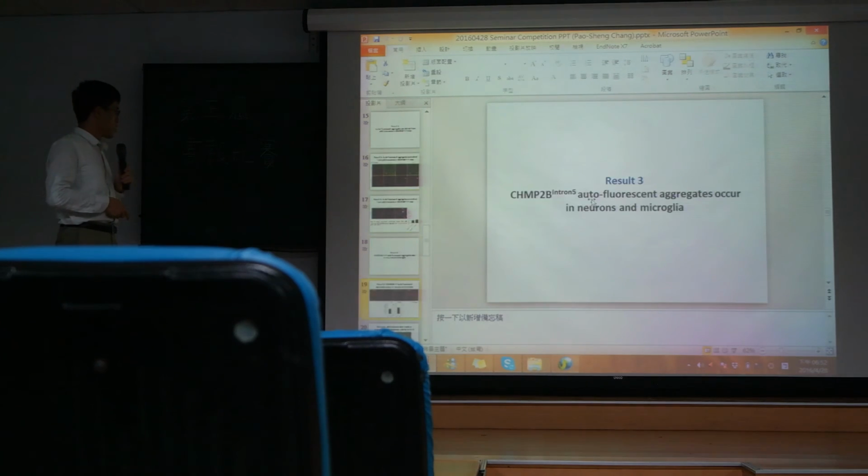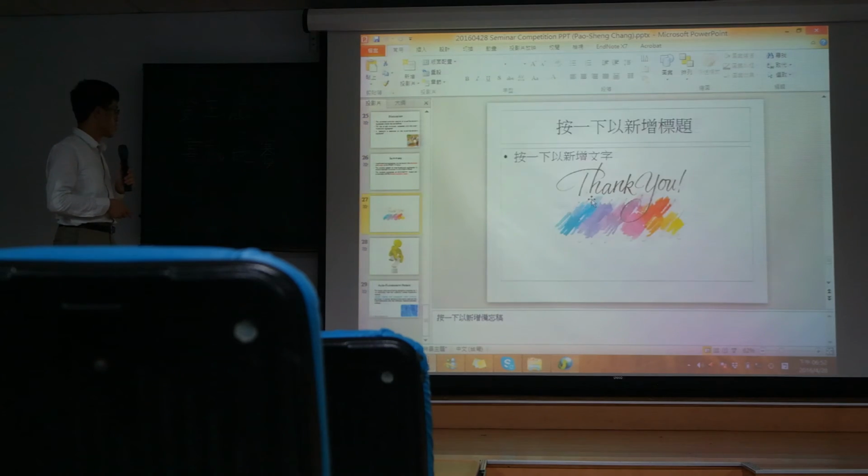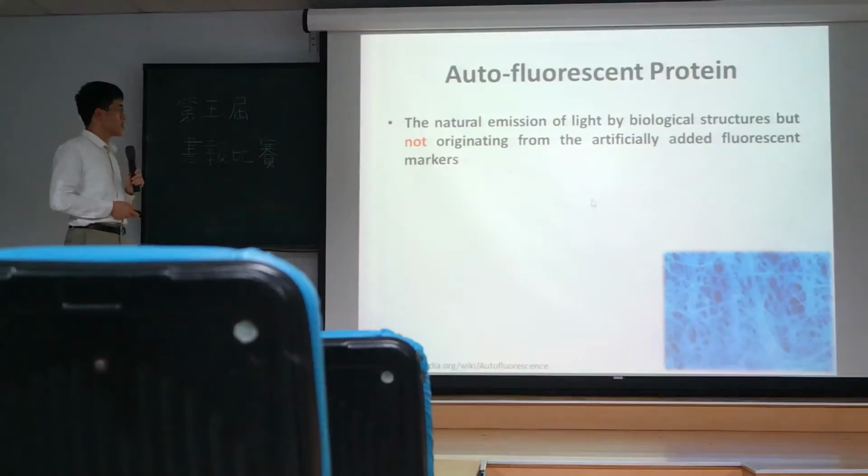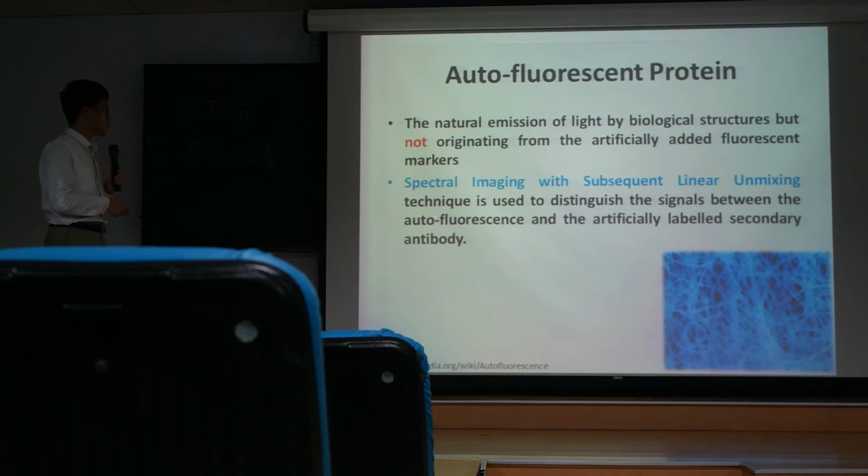About that, I've prepared an extra slide, which mentions spectral imaging with subsequent linear unmixing, which is done by adjusting the dichroic mirror and the fluorescent filter inside the confocal microscope to split different signals into different light paths. So the different kinds of signal cannot mix with each other.